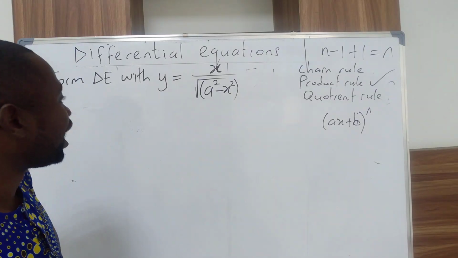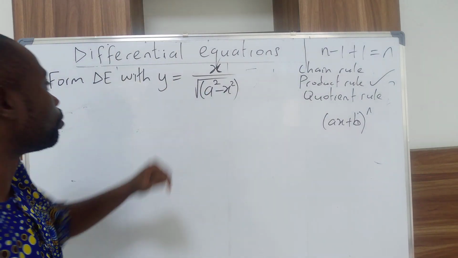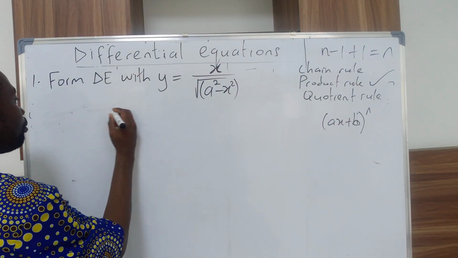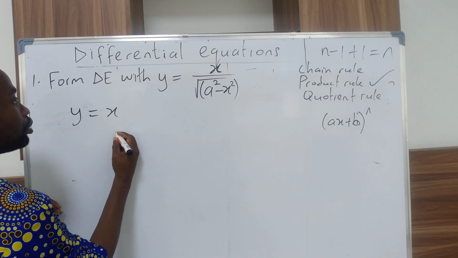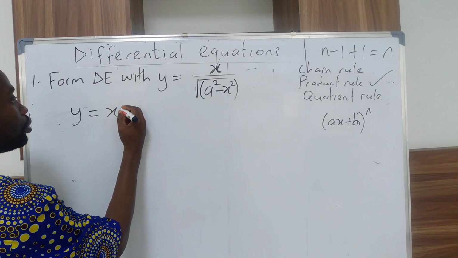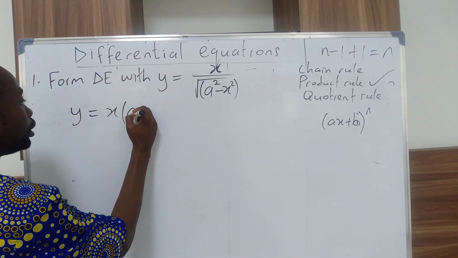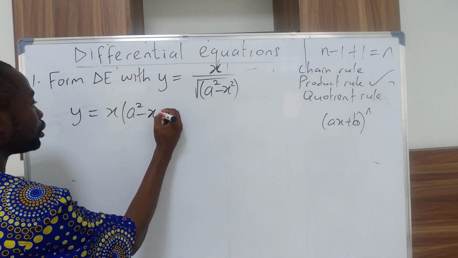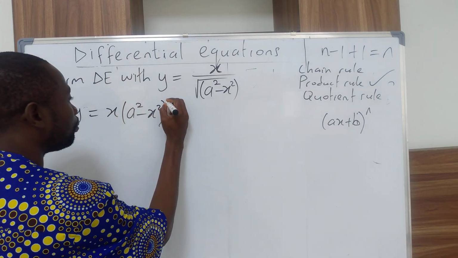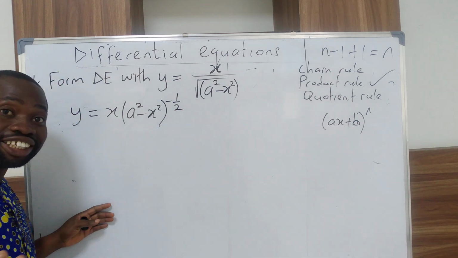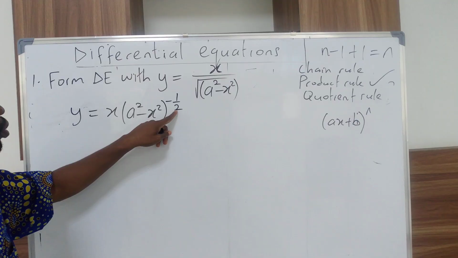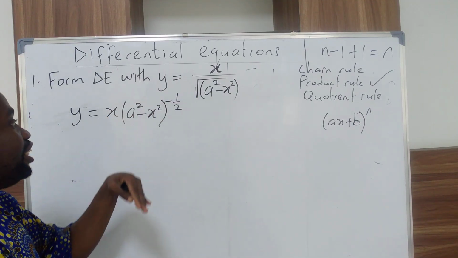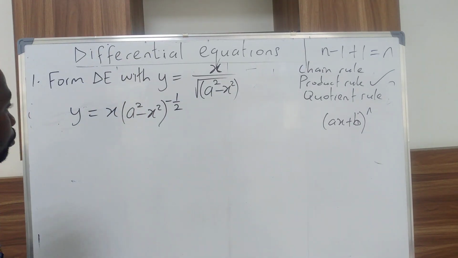So how do I do that? I have to take this one up. I will turn this to y is equal to x into a squared minus x squared raised to power minus half. Using indices, this square root is raised to power half, but because I've taken it up, we call it minus half.